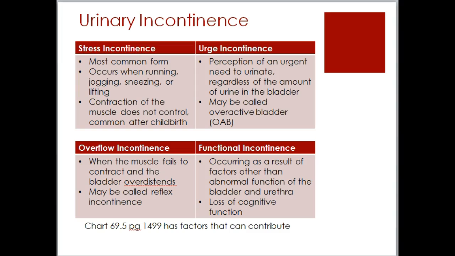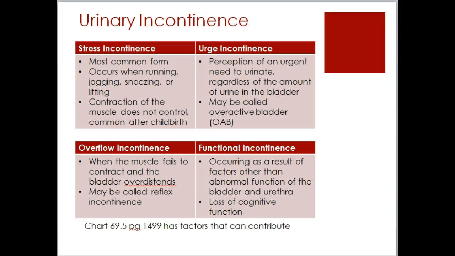It is common after childbirth, but if the pelvic muscles are reinforced by doing pelvic muscle exercises like your Kegels, it should readjust. If it's not, then we have other issues. Also, low estrogen levels due to the changes that occur in your vagina, urethra, and pelvic floor.